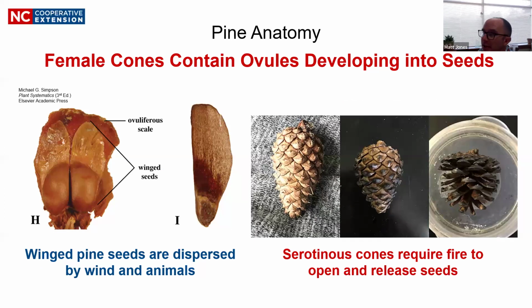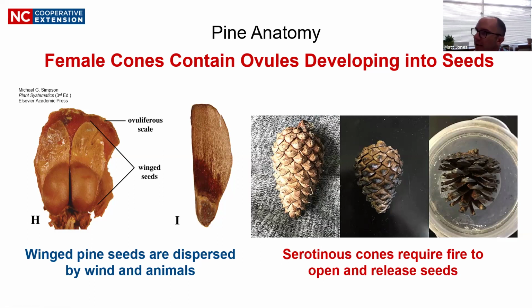In most cases, the pine cone just opens up at maturity and the seeds fall out or are moved to some degree by animals or the wind, using these wings that blow to some degree from the parent plant. But in other cases, the cones can be serotinous, which means they require fire to open up.